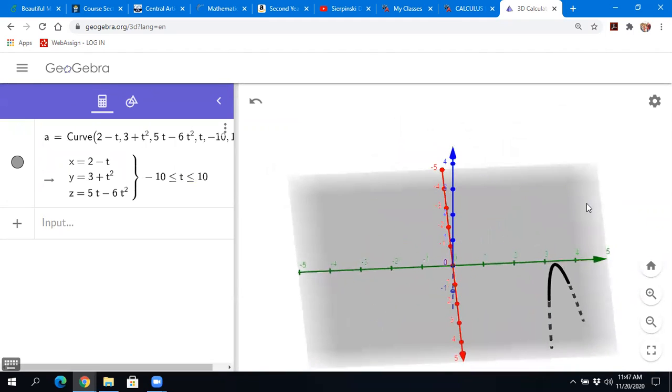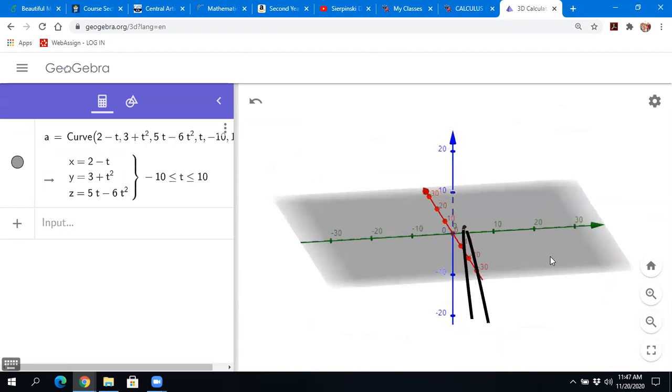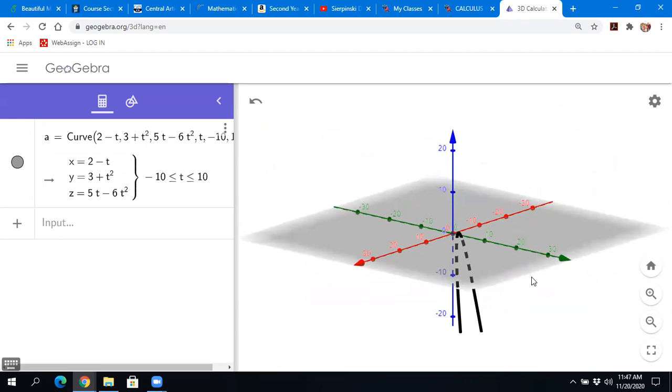You can zoom out, get more of an idea of what's happening here. GeoGebra is pretty nice. I'm literally an imbecile when it comes to GeoGebra. I start typing stuff and it does it. There's a little help menu in here too.